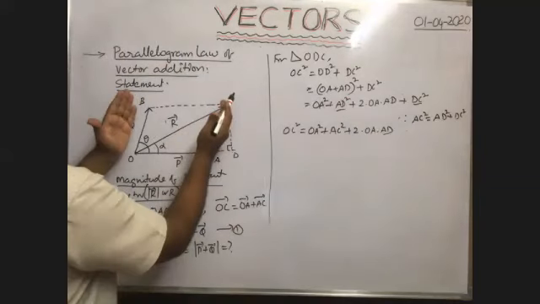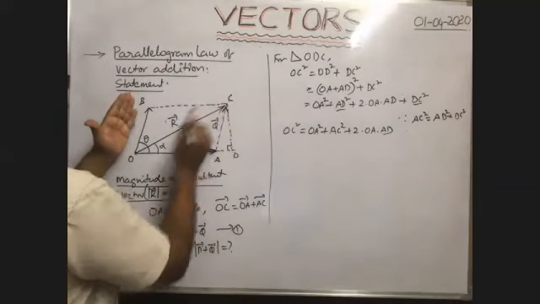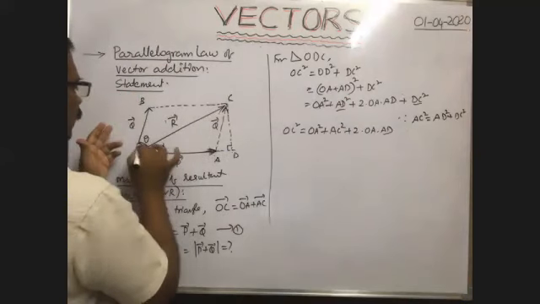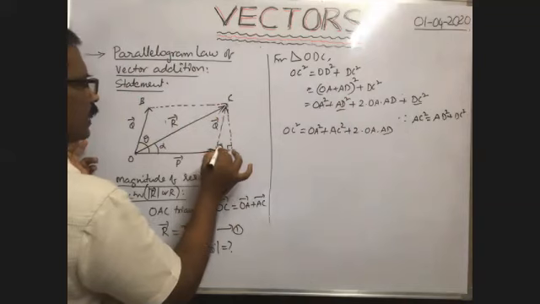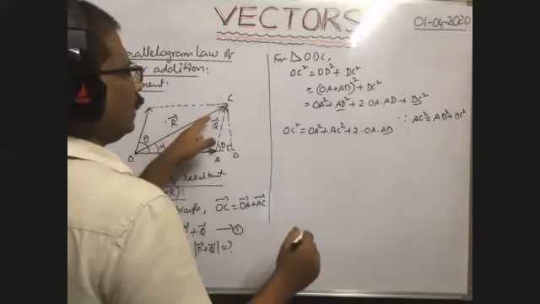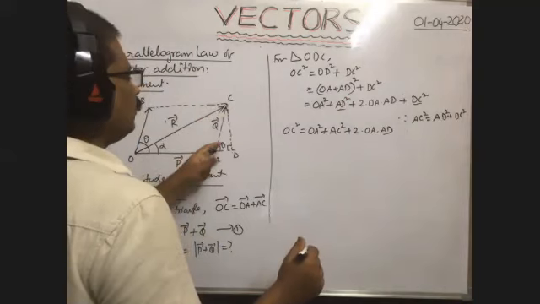Here you see these two are parallel sides in the parallelogram, and both lines are intersected by this line. That's why if this is theta, then this is also equal to theta. Now in this right angle triangle, as we have to find the AD value, we take cos theta.